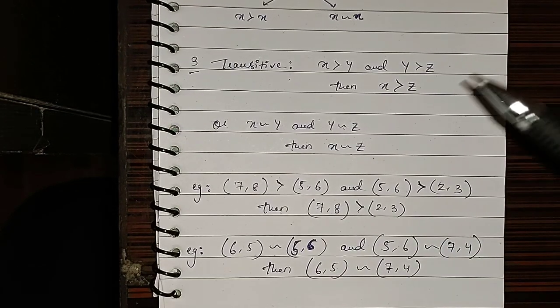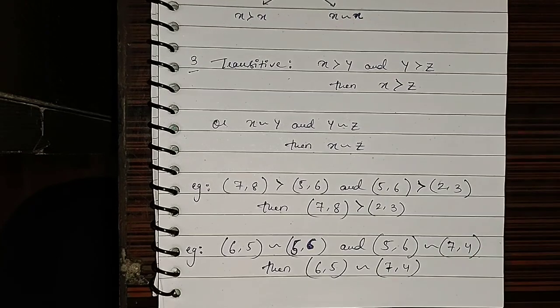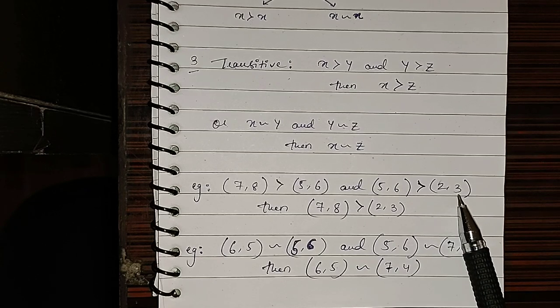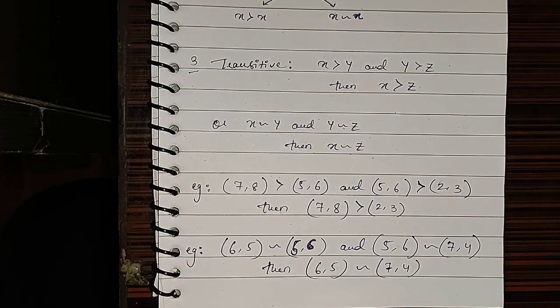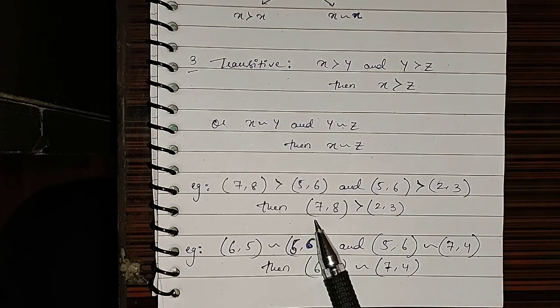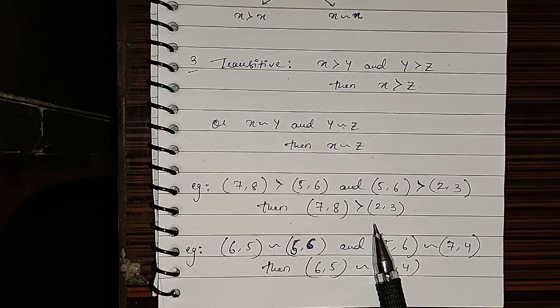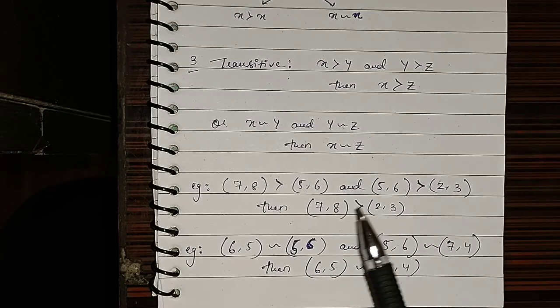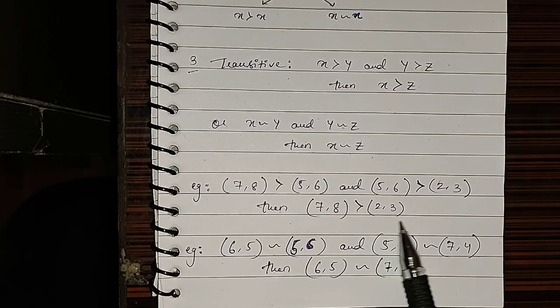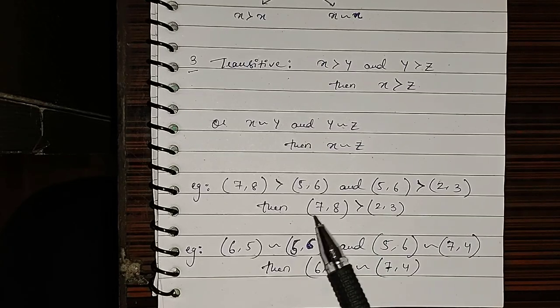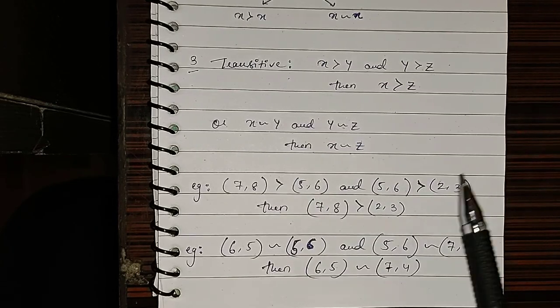And the second bundle, that is 5 and 6, is preferred over 2 units of apples and 3 units of bananas. Then it can be concluded that the consumer would prefer 7 units of apples and 8 units of bananas over 2 units of apples and 3 units of bananas. The first bundle will always be preferred over the third, because this is a chain of preferences, as you can see.